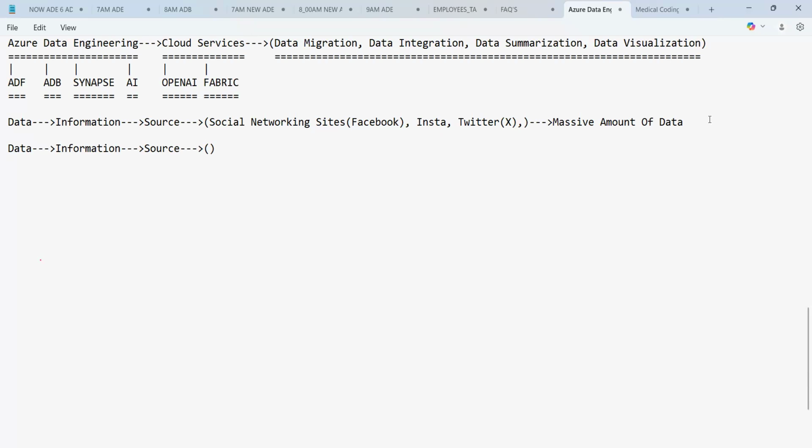The next one is, let us say, banking applications. What are the banking applications? They are those which are used at the banks, and these applications also generate a huge volume of data.